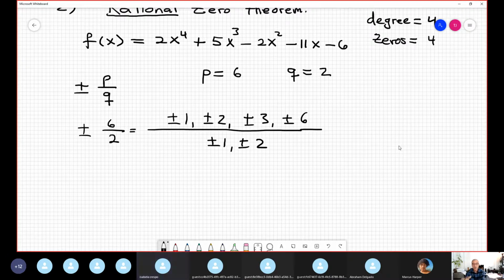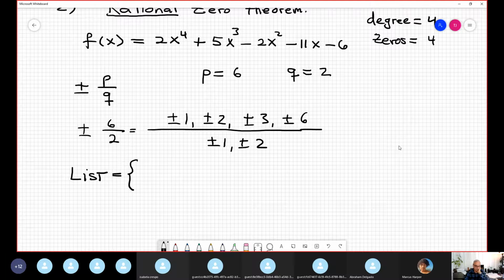So you take P and Q. You consider always the double sign, plus or minus. And you break it down: the several possibilities of factors of 6 and of 2. Now this is the most important moment, the list of the potential zeros.